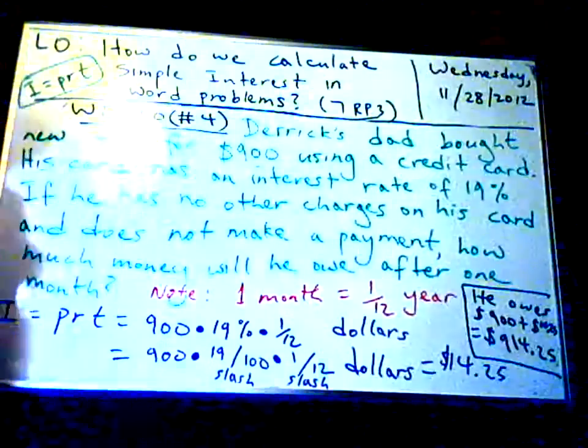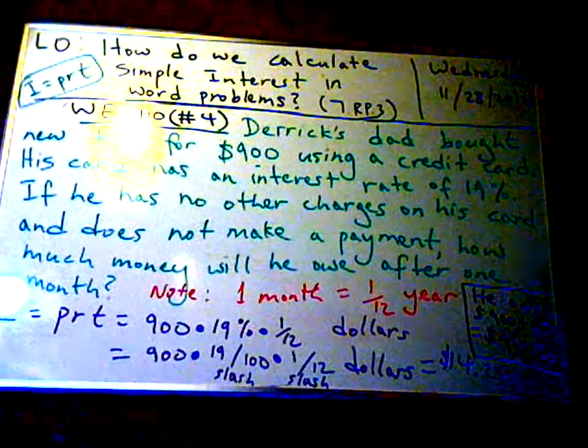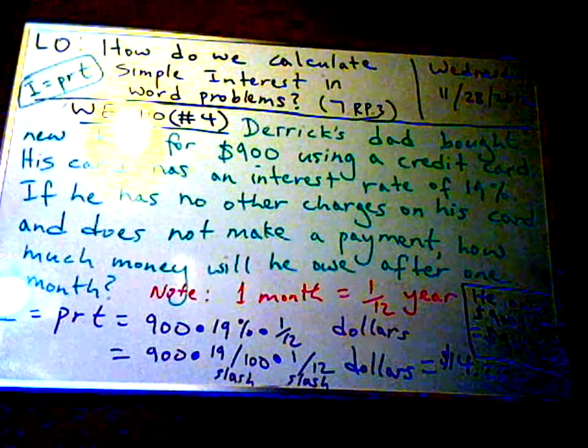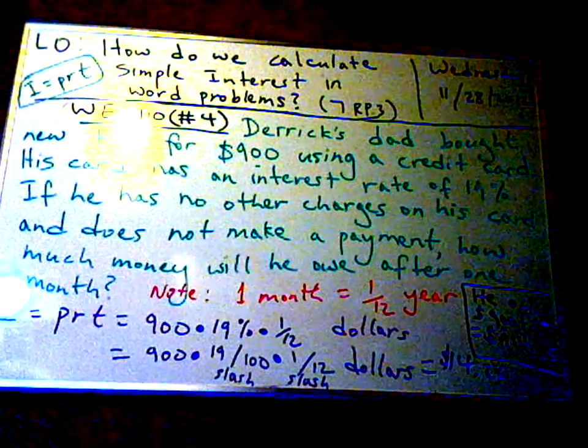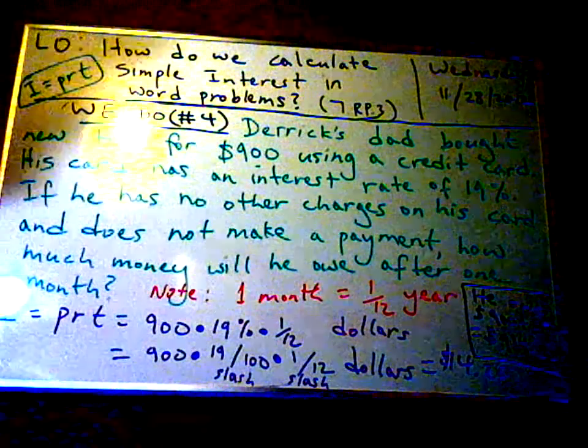After a month, he owes 900 plus 14.25. 900 plus 14.25 equals $914.25. That's what he would owe. You have to add the $14.25 to the 900. He would owe $914.25 after a month.